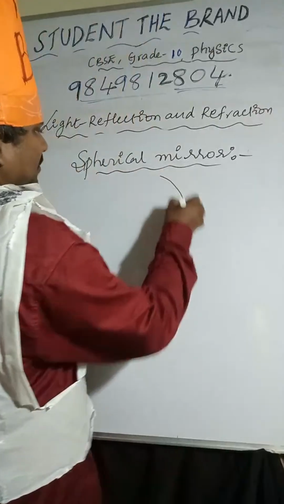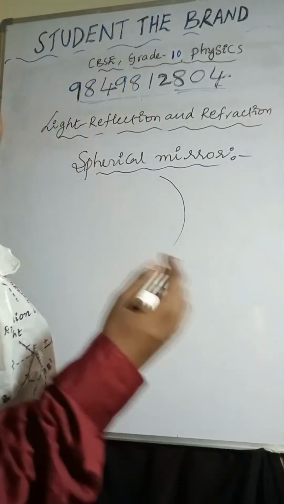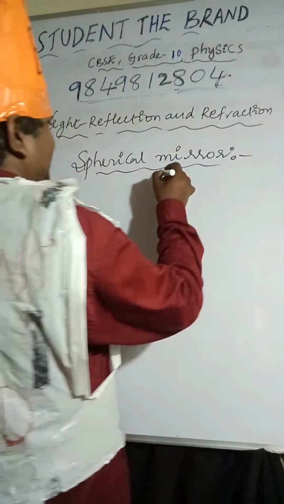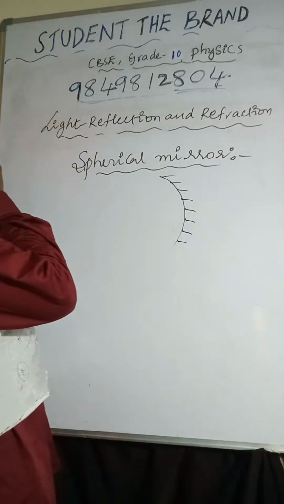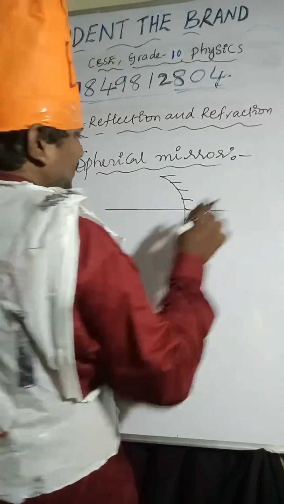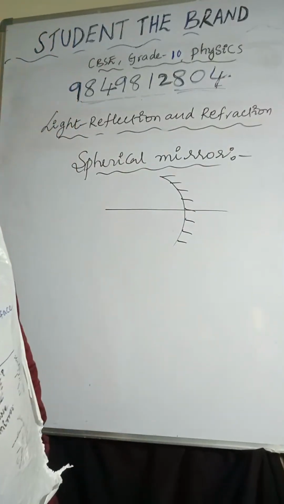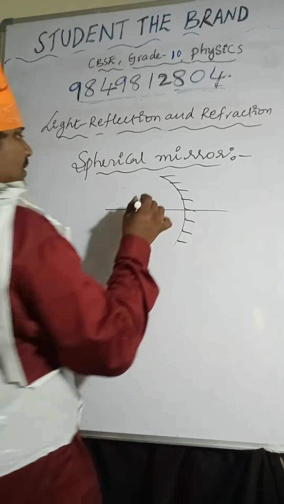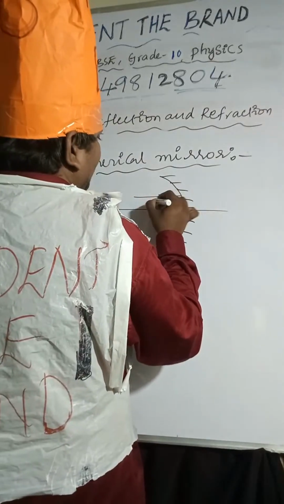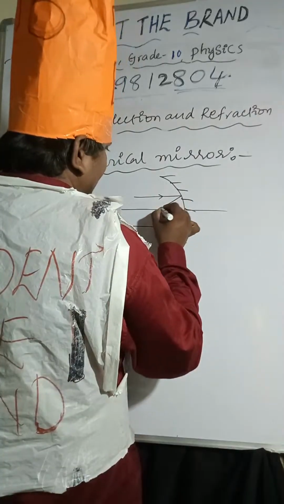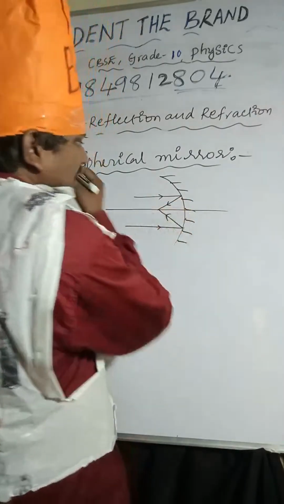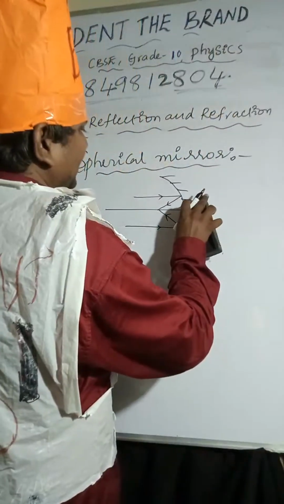So here this is a concave mirror. Concave mirror is also known as converging mirror, because when incident light rays fall on it, after reflection those light rays will meet at one point. Here you can observe these light rays are meeting.